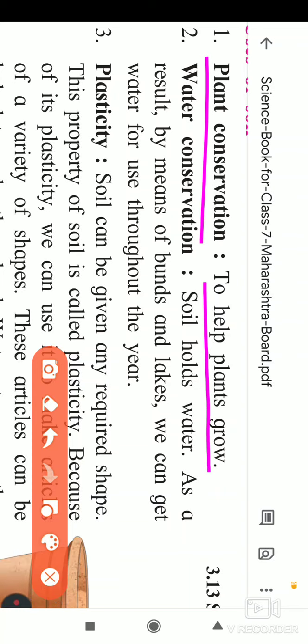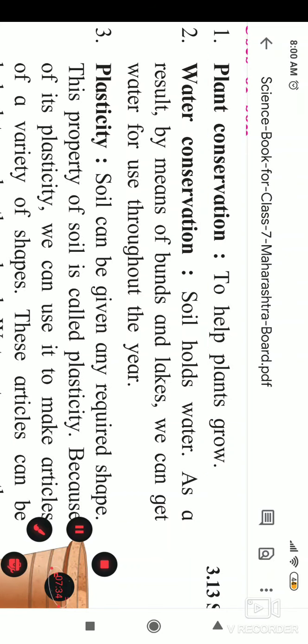The soil supplies the nutrition and the water to the plants, because when water falls, it flows away, but soil has a tendency to store and absorb the water. That absorbed water is taken up by the plant roots, and so plants grow in the proper way.